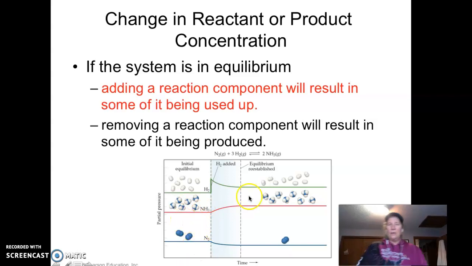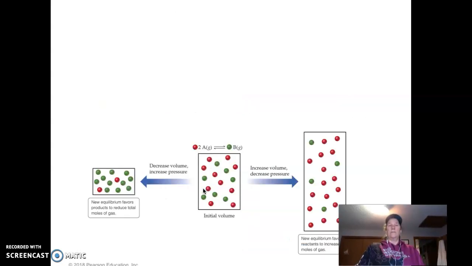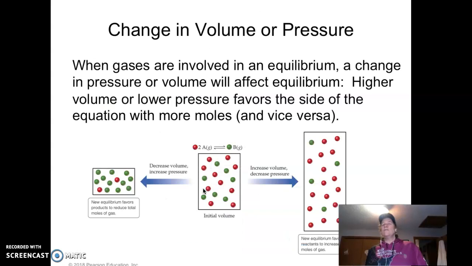And they were at equilibrium. Well, then if I add more H2, I add more of one of the reactants, now I'm going to move the equilibrium up. It's going to be at a different level. So anytime you add a reactant, it's going to shift so it produces more product, and then it's going to reach equilibrium.